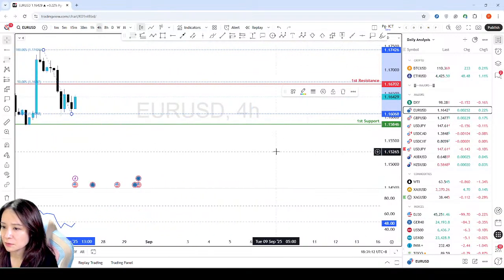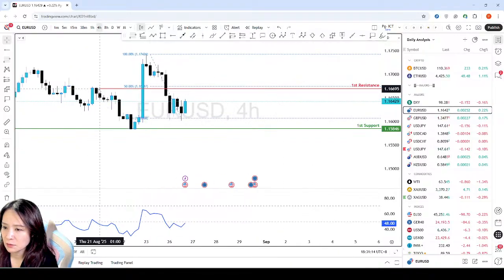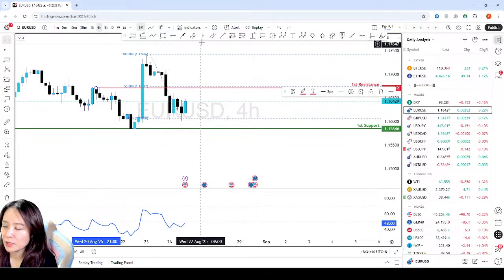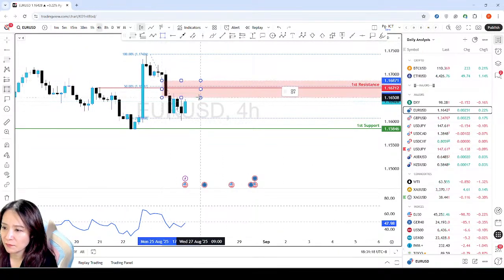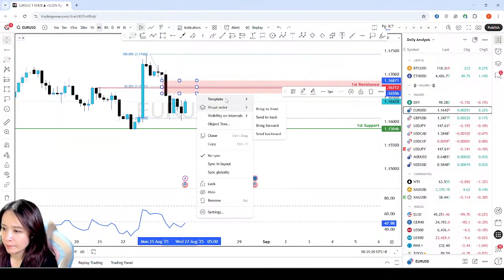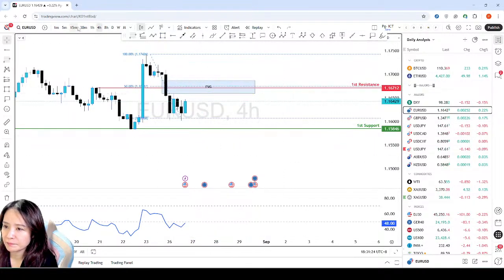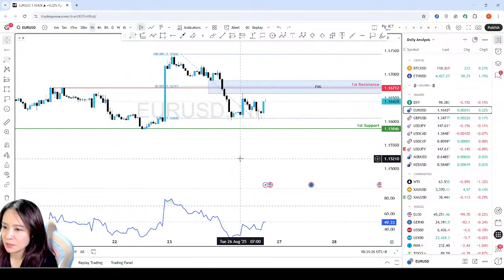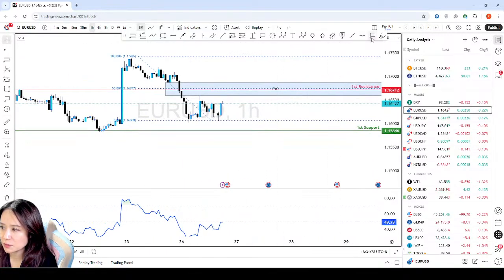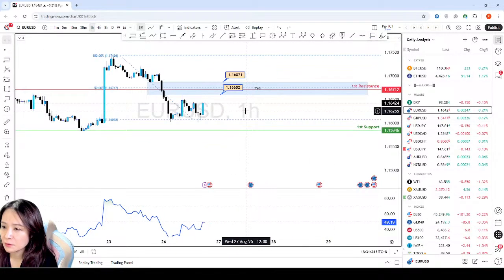Exactly. So if price backs up here, I may consider selling because there is an FVG here, a fair value gap. There's an FVG here, so you may consider selling here.